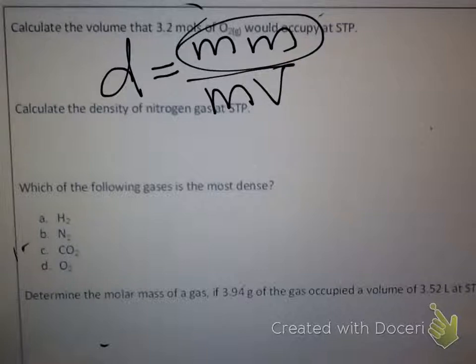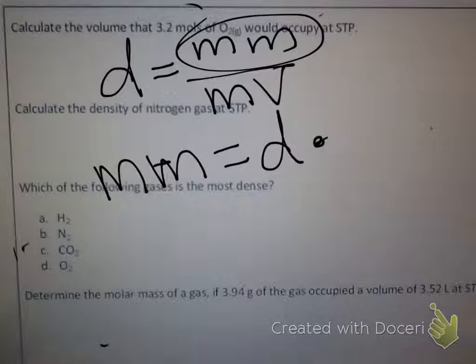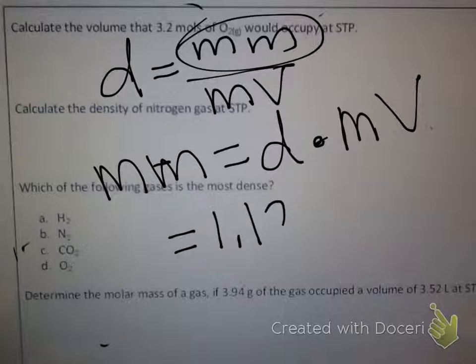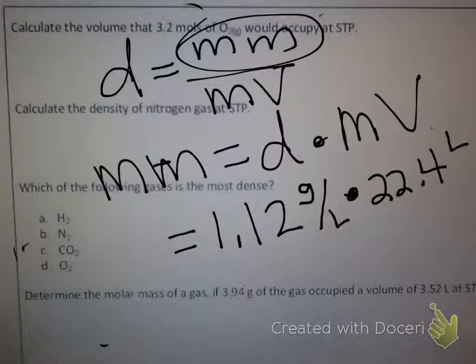If we're solving for molar mass, then molar mass equals density times molar volume. So molar mass is going to equal the density, which we said was 1.12 grams per liter, times the molar volume. The molar volume of a gas at STP is 22.4 liters per mole.